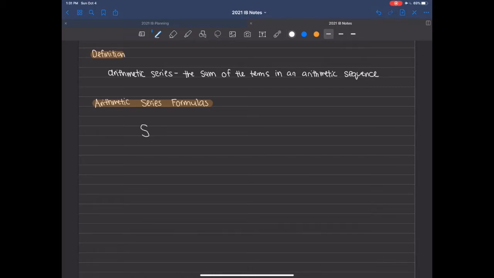S sub n, it's a capital S, is equal to n over 2, parentheses, 2 times u sub 1 plus n minus 1 times the common difference d. The second version also starts with that S sub n, because that S sub n is just standing in for the sum. It's equal to n over 2, parentheses, u sub 1 plus u sub n.